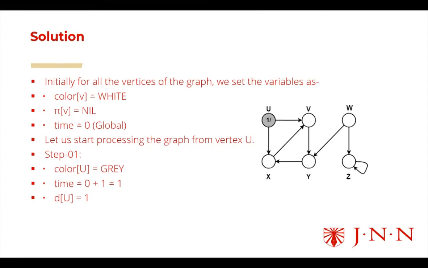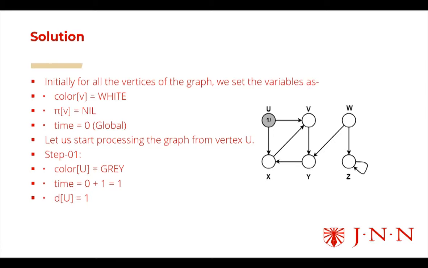So in the first step, initially for all the vertices of the graph, we set the variables. First we define the color of all the nodes as white. Then none of the nodes contain any ancestor, so initially the predecessor variable will be nil.